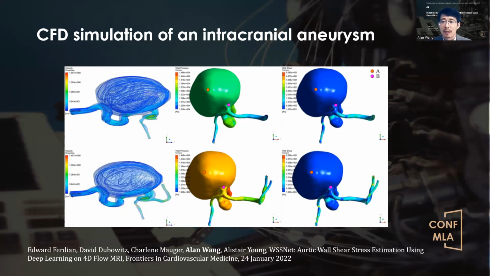Deep learning based algorithms can be applied in these simulations. The advantage is that it can reduce a lot of computational cost and derive quite a bunch of parameters within a very short time.